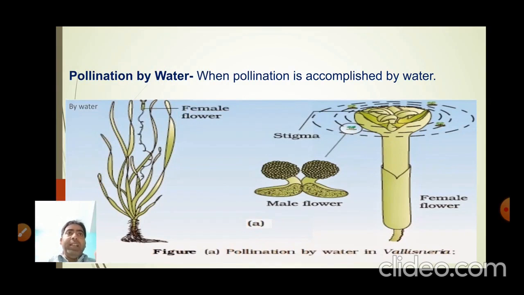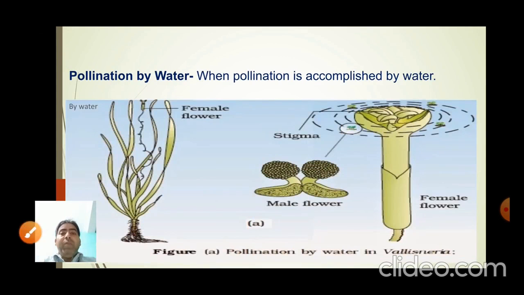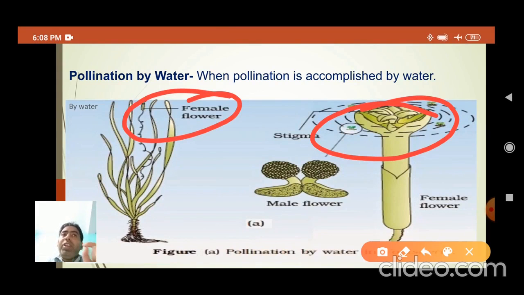The water current carries mature pollen grains from one flower to the stigma of another flower and helps in pollination. Pollination in aquatic plants such as Vallisneria and Hydrilla is carried out by water.